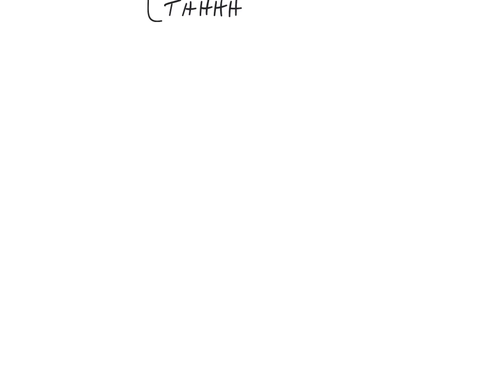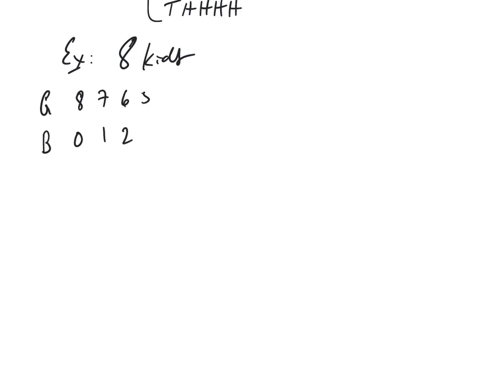So if we were to do an example of a family with 8 kids and calculate the number of ways in which they could have boys and girls, again, the idea would be to count the different number of ways in which we could have 8 girls, 0 boys, 7 girls, 1 boy, 6 girls, 2 boys, and so on.